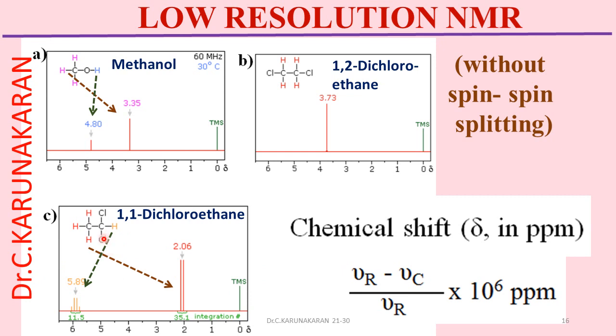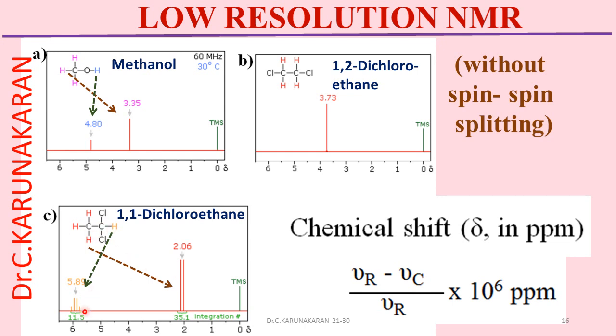Here, this is 1,1-dichloroethane, an isomer of this compound. If you look at the structure of this compound, there are two types of protons: methyl protons and the CH proton. This proton couples with these three protons, therefore it will split into four signals, n plus 1.